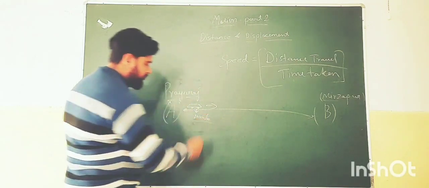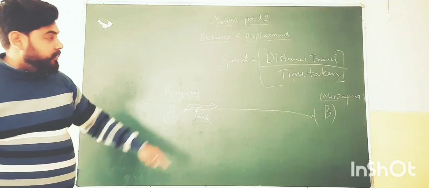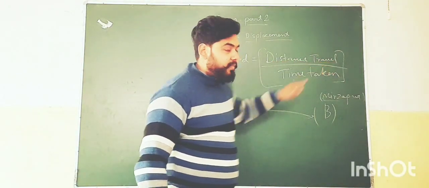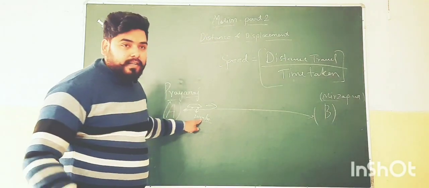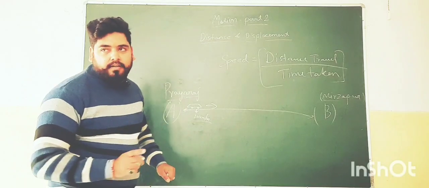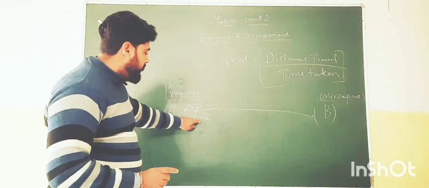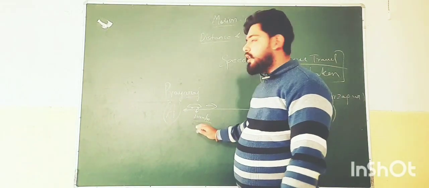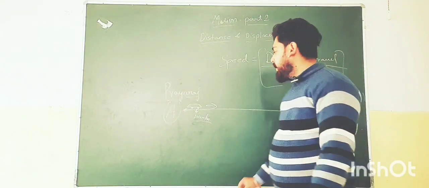That is what? Speed. Because you know distance is measured in meter, kilometer, and time in hour or minute or second. So here the speed of this car is 20 kilometers per hour.